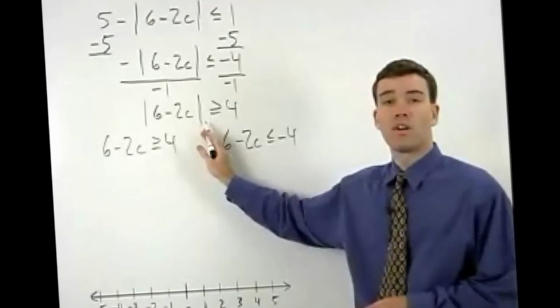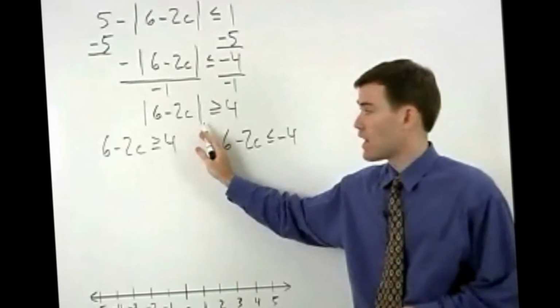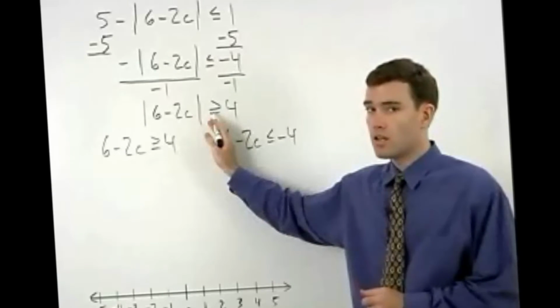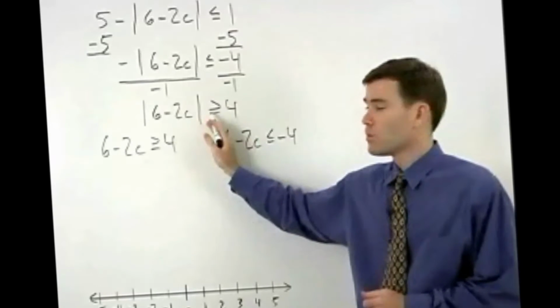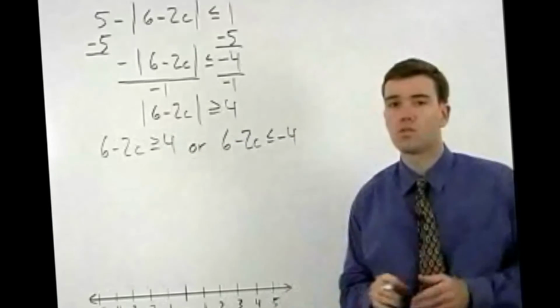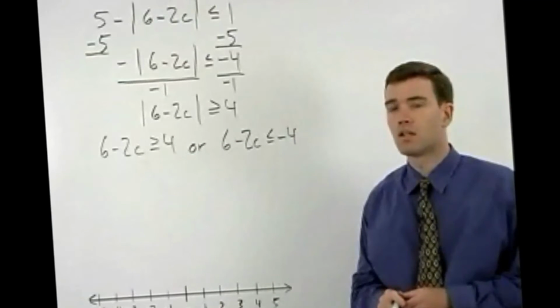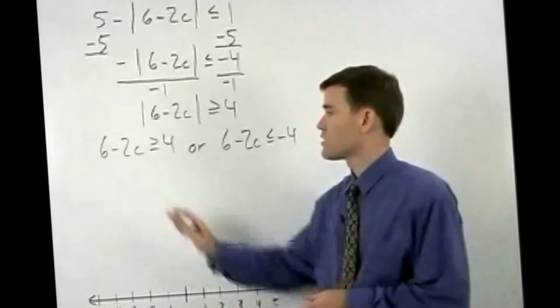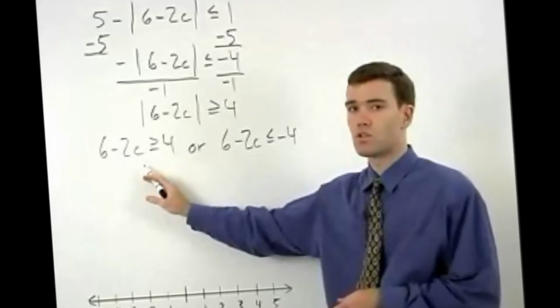Since our absolute value inequality as it stands now uses a greater than or equal to sign, we use the word or between our two inequalities. Our next step would be to solve each of the inequalities for c.